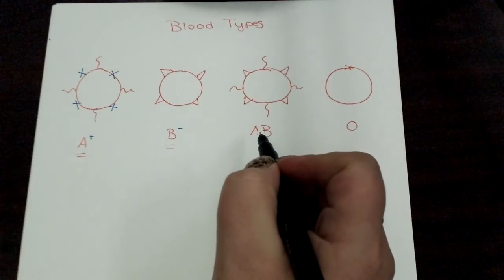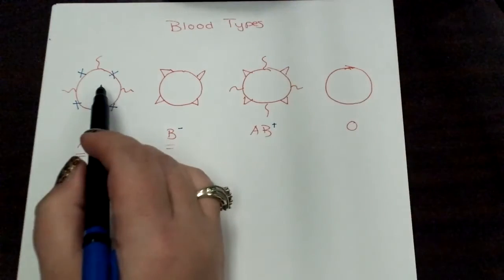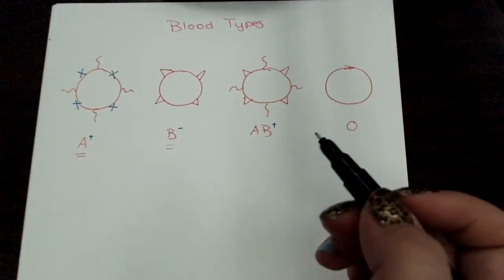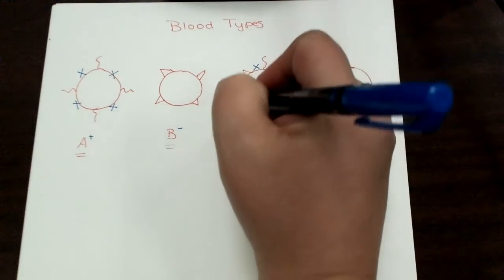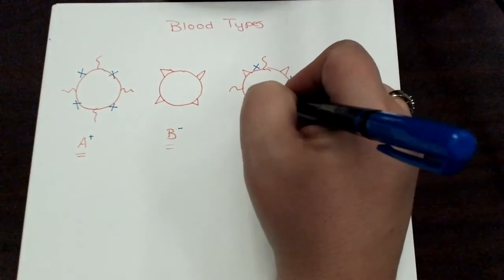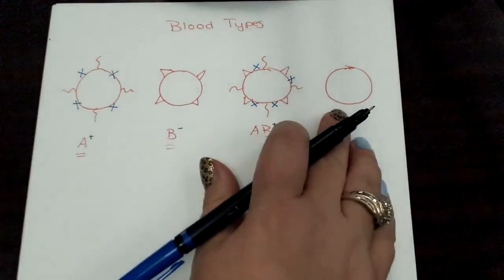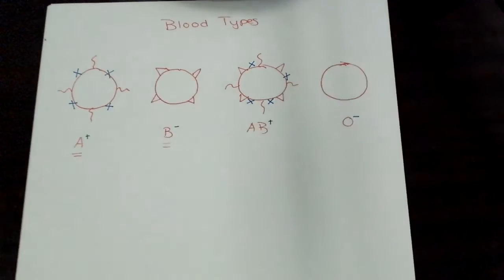So if I wanted to make this one AB positive, on top of having the A squiggles and the B triangles, it's also going to have the RH X's, okay? And they would be all over the surface. And then O, if it's O negative, it doesn't have anything.